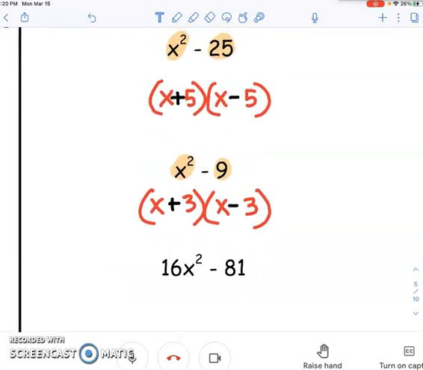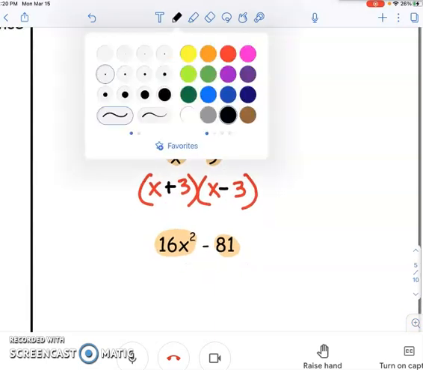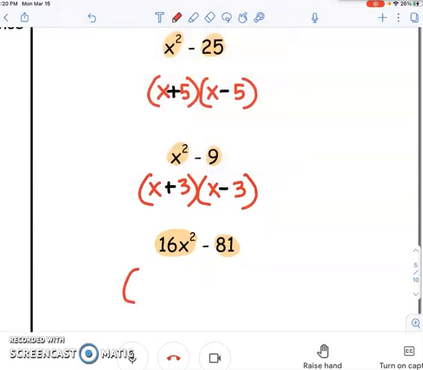Third one, maybe a little bit trickier. First perfect square is 16x squared. Second one is 81. So this one might require a little bit more thinking. What multiplies times itself to give us 16x squared? 4x times 4x. Remember, perfect squares have to be the same number.